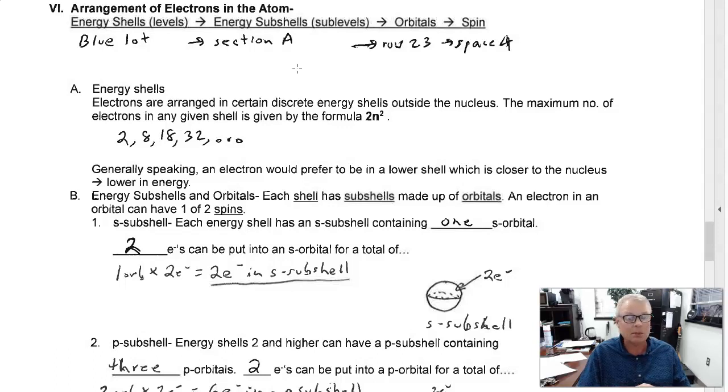We can't pinpoint exactly where the electron is, so we can't draw it as a little tiny ball. We can't even draw a little circular orbit. All we can do is say with a 95% probability, which is the confidence level that most orbitals are drawn at, the electron is somewhere within this region of space. That's actually the best we can do, and it has to do with the wave-like properties of electrons as well as the particle.